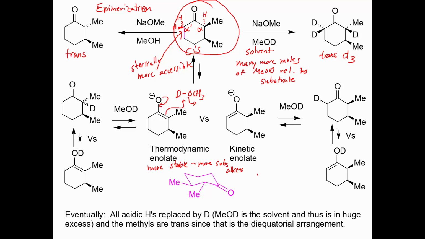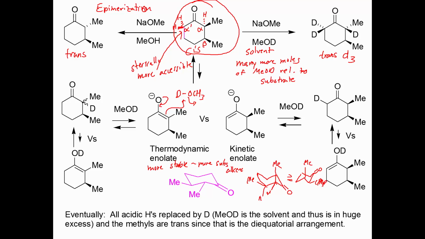Okay, so in the initial phases of this reaction, this alpha methyl group is axial, or I'll say either the alpha methyl or the beta methyl has to be axial in the starting material.